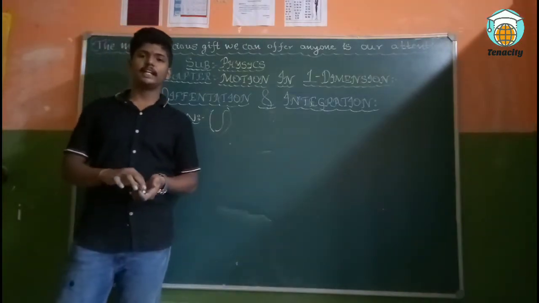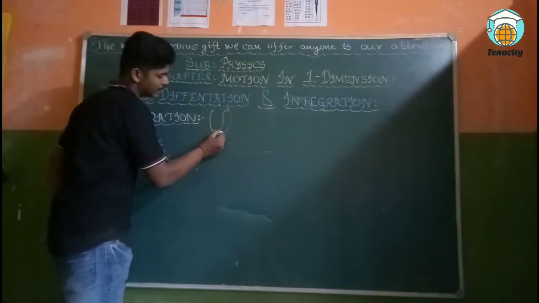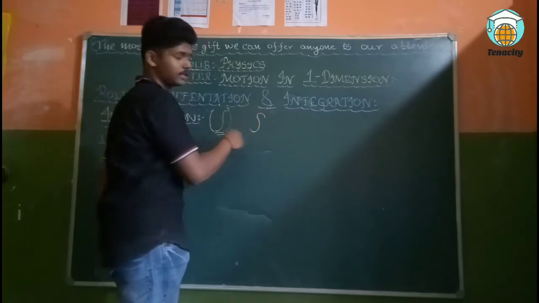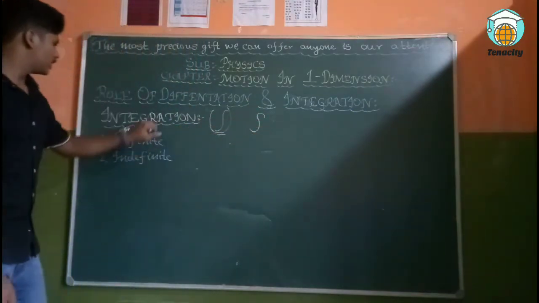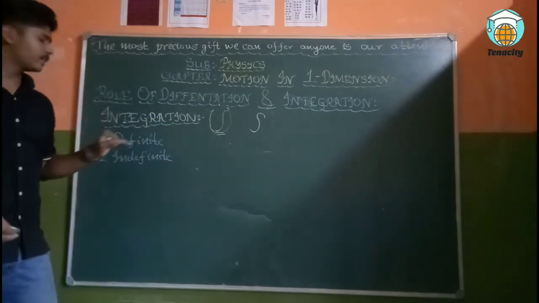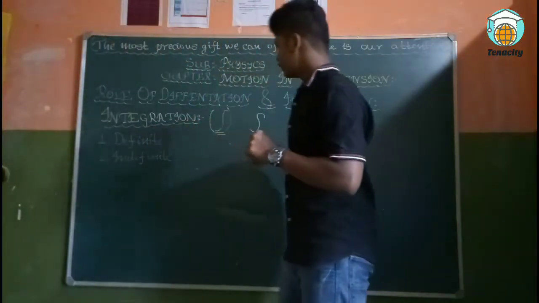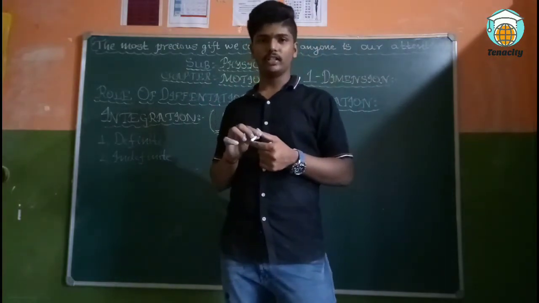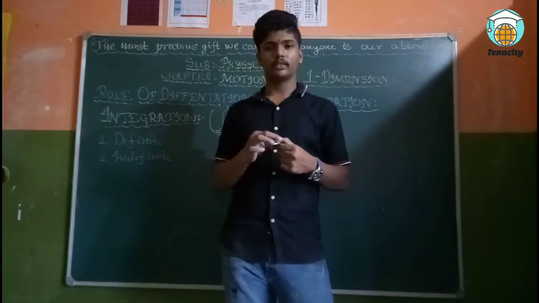Let us discuss integration. Integration is denoted by a symbol like this. Integration is divided into two types: definite integration and indefinite integration. As I said, integration is advanced addition and it is used to find the area under the curve.